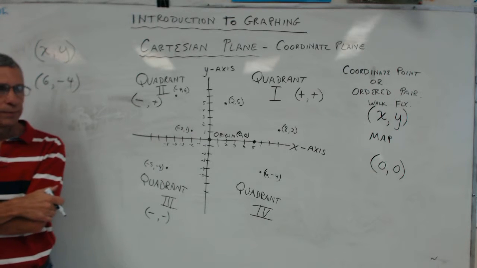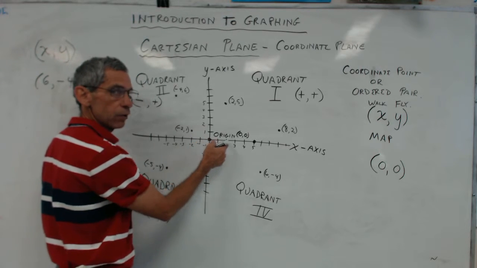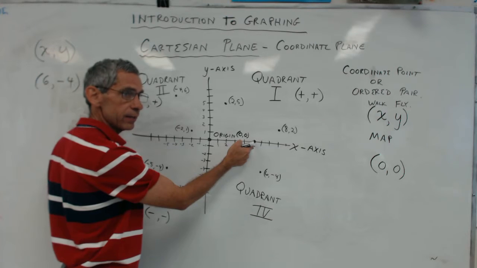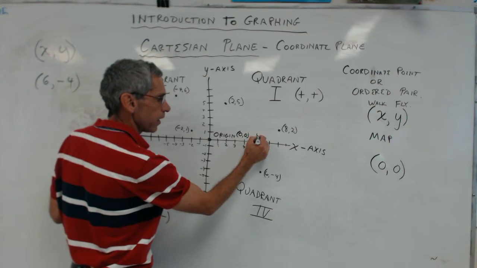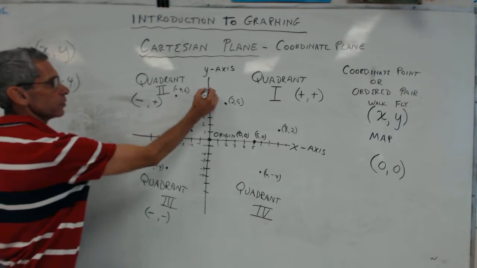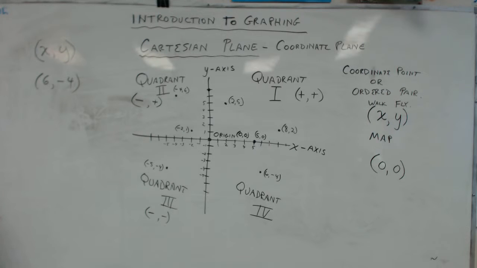Bella. 5, 0. It's 5, so I start at 0, 0. I go to 5, but then I don't go up or down, so I got to say that. I got to say 0 is the y. So it's 5, 0. All right, how about this one? Jax, you know this?